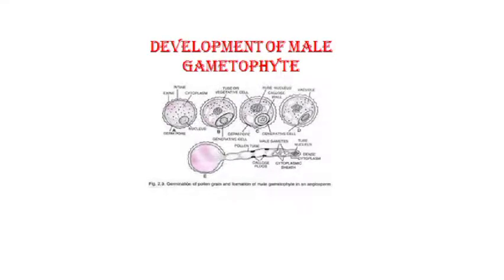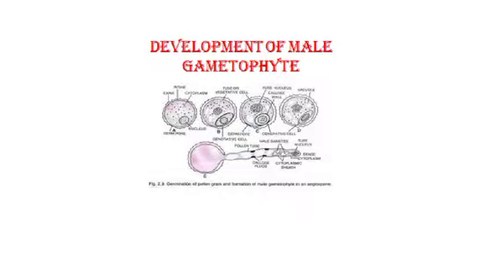Let us talk about the development of the male gametophyte. The development of the male gametophyte occurs in two places: before pollination, that means inside the anther, and second, after pollination, that means on the stigma. As I said earlier, the pollen grain is the first cell of the male gametophyte, which contains only one haploid nucleus.